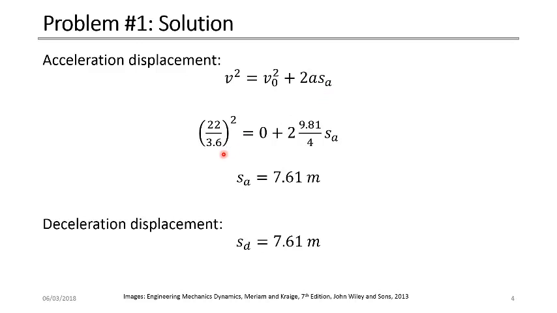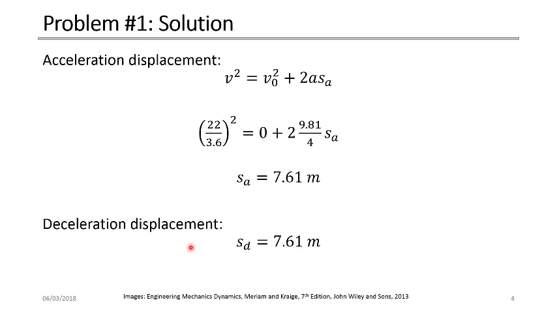The final velocity in the acceleration part is 22 kilometers per hour divided by 3.6 to have it in meters per second, and this squared is equal to v0, which is 0, plus 2 multiplied by the acceleration, 1/4 g, multiplied by the displacement. If you calculate the displacement, you will find that the elevator takes around 7.61 meters to reach the constant speed of 22 kilometers per hour when it starts from rest.